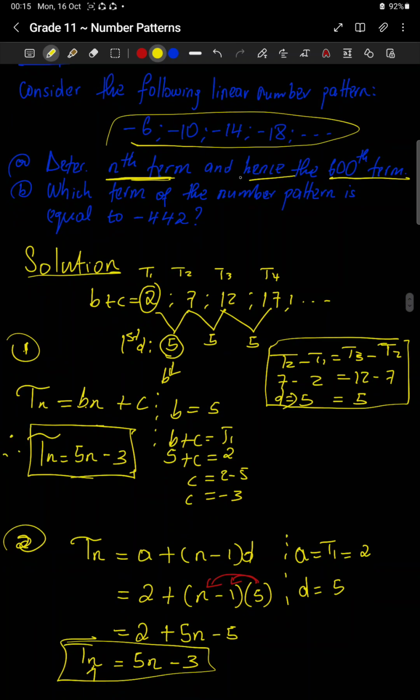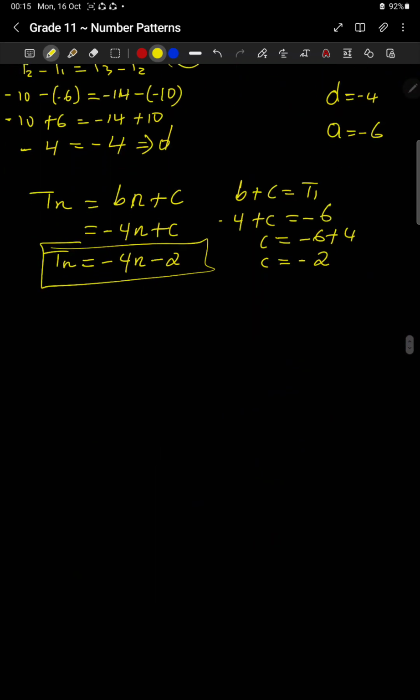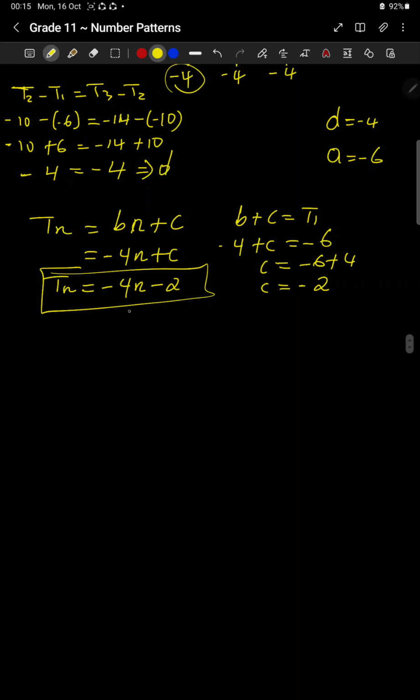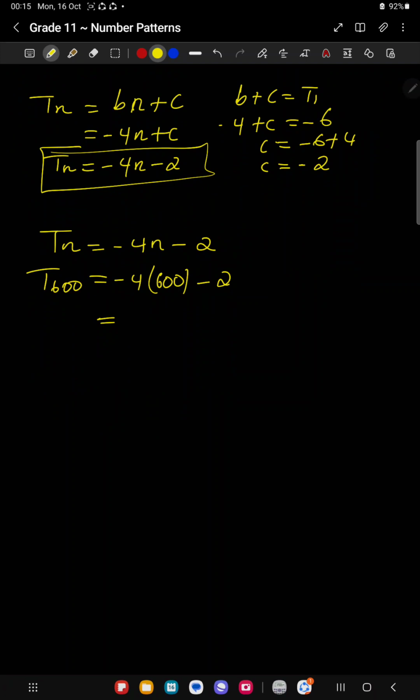Now let's go straight to hence calculate the 600th term. It's easy, we just use this formula over here, Tn is equal to negative 4n minus 2. In the place of n we put 600, negative 4 times 600, minus 2. Then we just work it out.